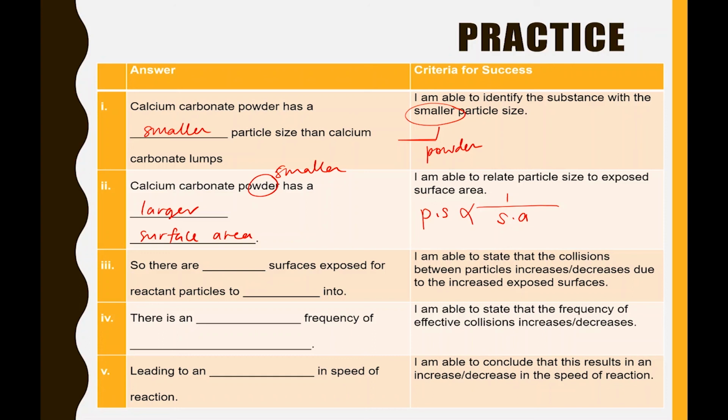Please excuse the grammar here: increasing / decreasing, please make the changes. So there are more surfaces because of increased surface area. When there are more surfaces, there are more collisions.